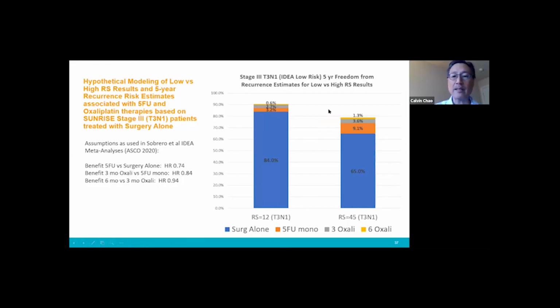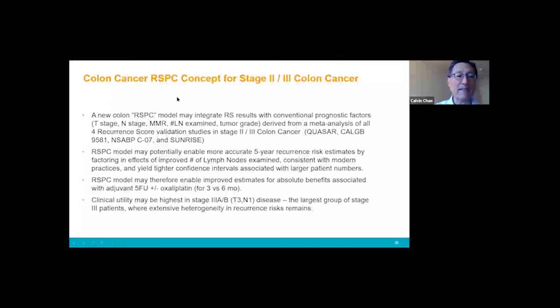So this is something that is still work in progress, but we are very interested in delivering a tool like that. So this new colon RSPC model may integrate the recurrence score with conventional factors like these different variables, especially the number of lymph nodes examined, because today we're not going to see too many patients with less than 12 nodes.